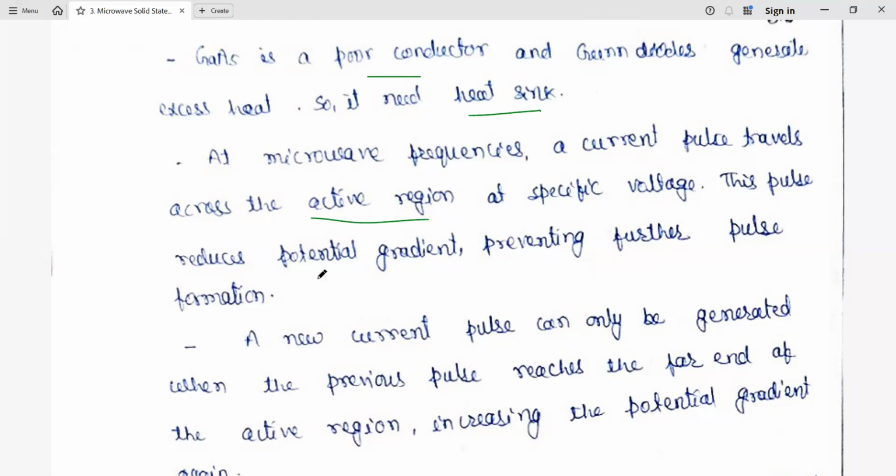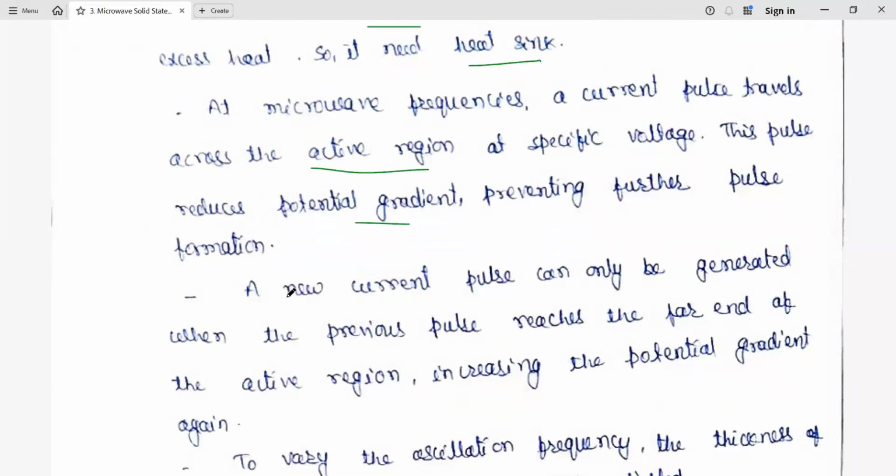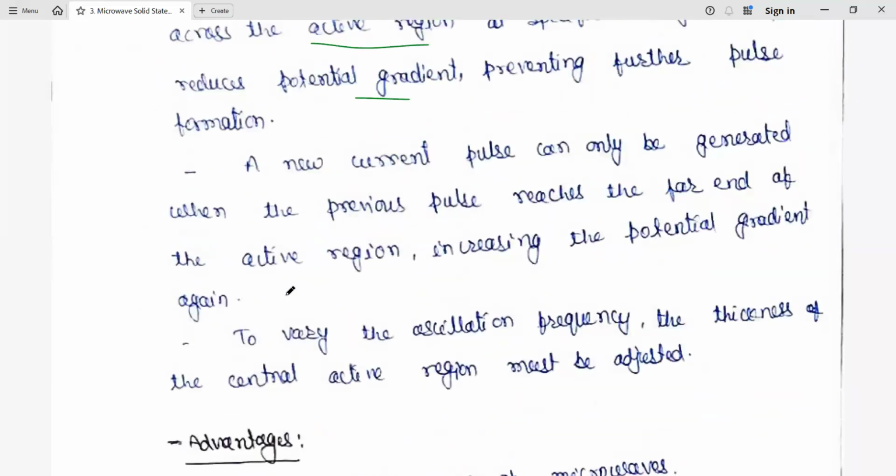This pulse reduces the potential gradient, preventing further pulse formation. A new current pulse will be generated only when the previous pulse reaches the far end of the active region. Then the potential gradient is going to increase again, and finally a new pulse will be formed.